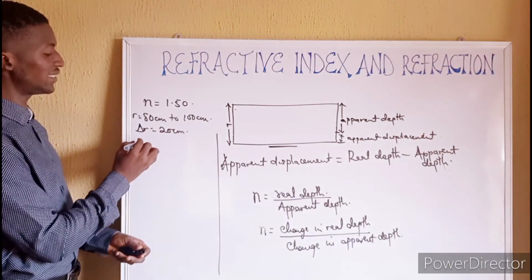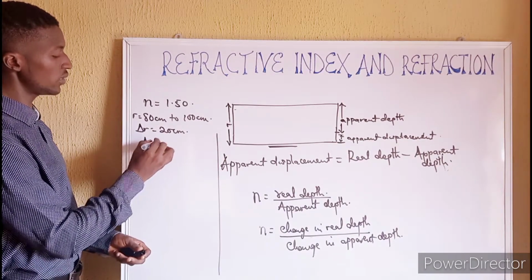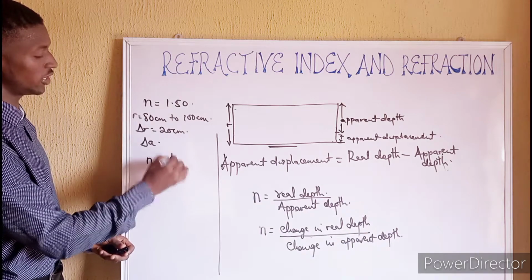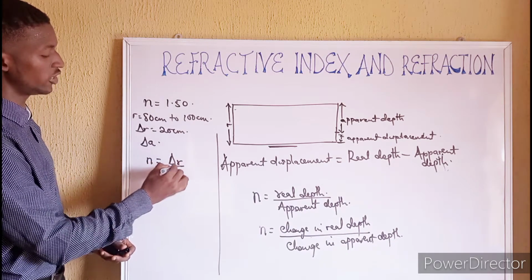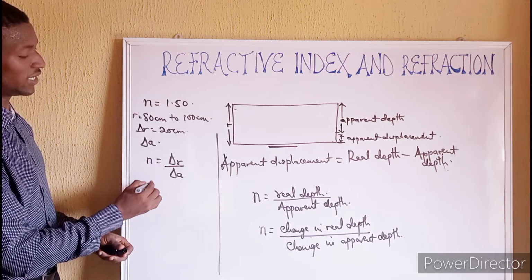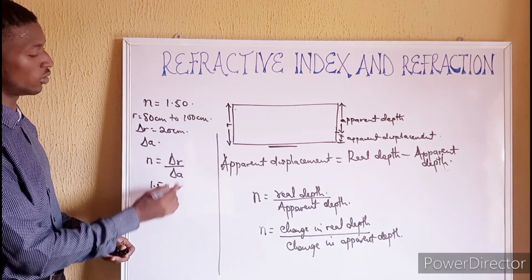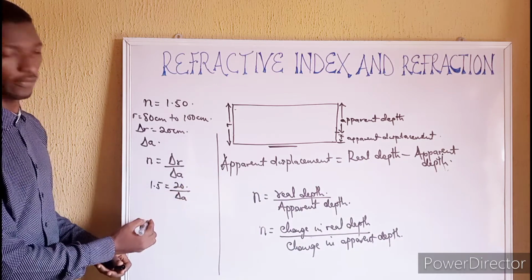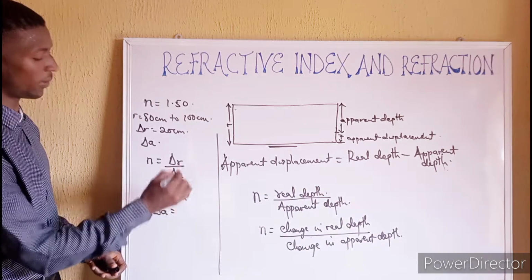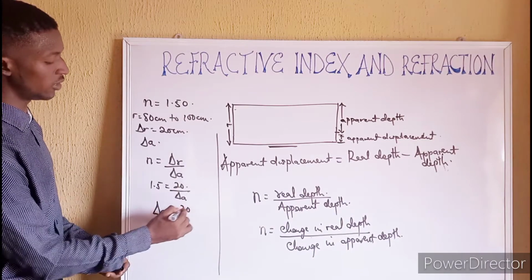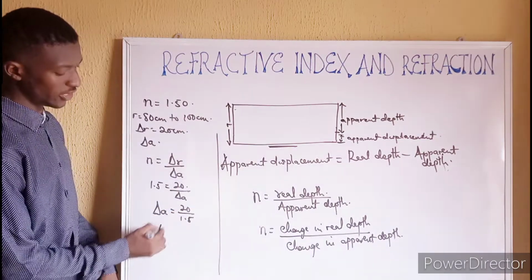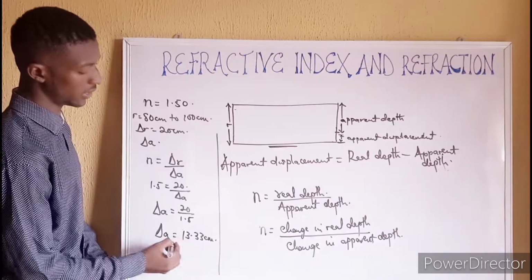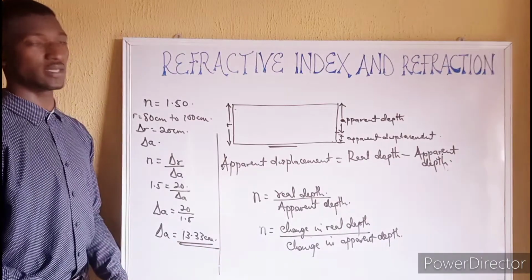So to get the change in apparent depth, refractive index equals change in real depth over change in apparent depth. The refractive index is 1.5, equal to 20 over the change in apparent depth, which is what we're looking for. So our change in apparent depth will be 20 over 1.5, which is 13.33 centimeter. So this will be our answer.